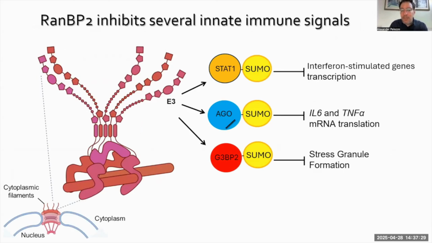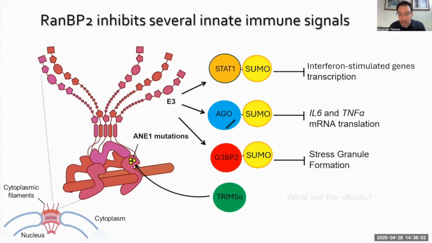And so, RanBP2 ends up having a lot of interactions with the innate immune signaling complexes, be it through STAT1 and inactivating interferon-stimulated genes, or whether it's AGO1, which disrupts interleukin-6, and we have some data that this is also true for TNF-alpha mRNA translation, and it seems to also affect stress granules. And in the context of ANE mutations, there's this interaction with TRIM5 alpha.